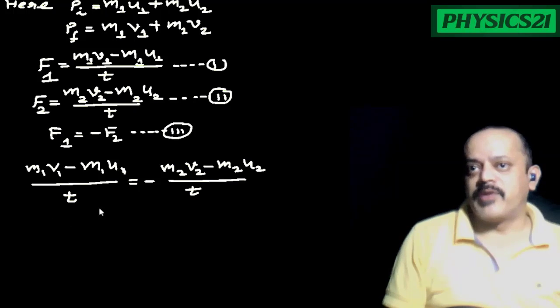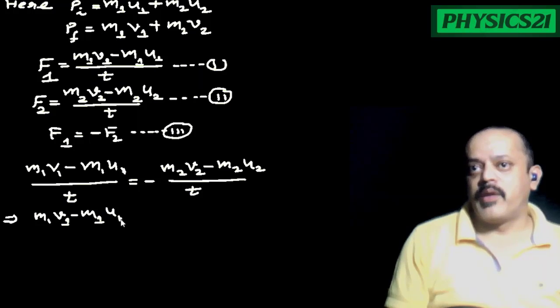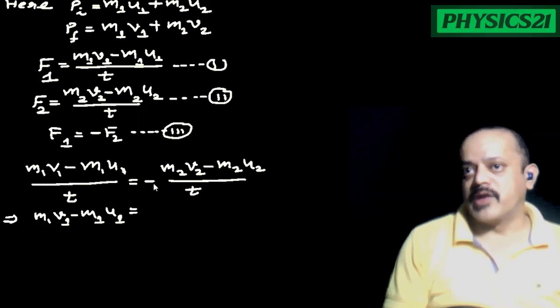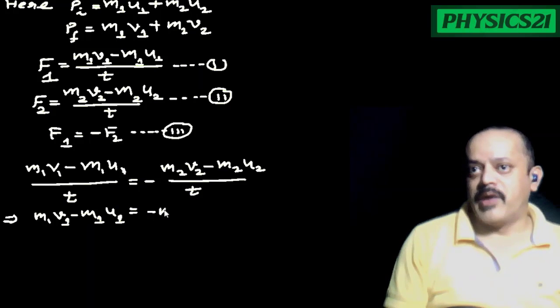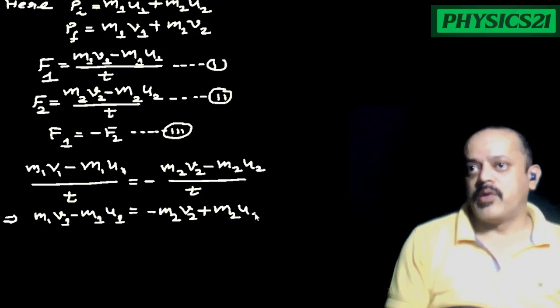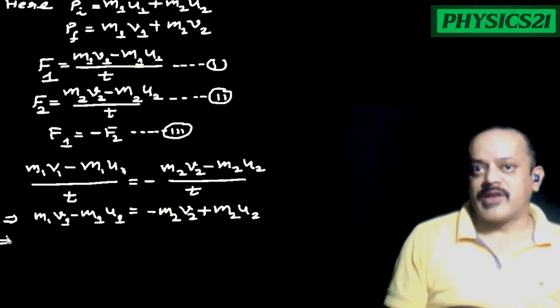In the next step, t will cancel out. So there is m1 v1 minus m1 u1 is equal to, as we multiply by this minus sign, minus m2 v2 plus m2 u2. In the next step, we will arrange in the proper way.